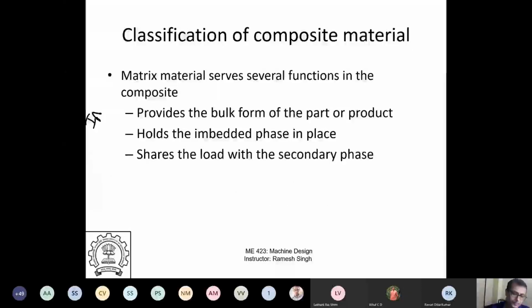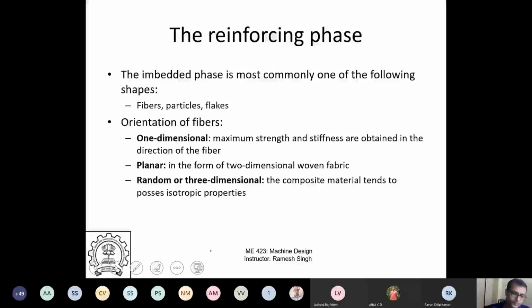Now, in the classification of composite materials, the matrix provides the bulk and shares the load with the embedded phase, but the load primarily comes from the fiber and not the matrix. The reinforcing phase, as I said, can be of various shapes. You can have one-dimensional, meaning there is one direction of fiber.